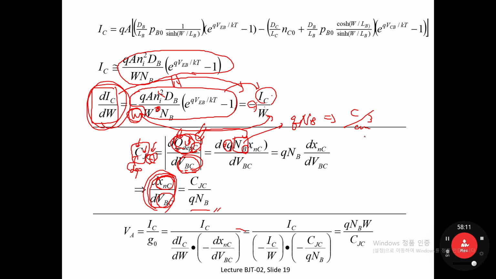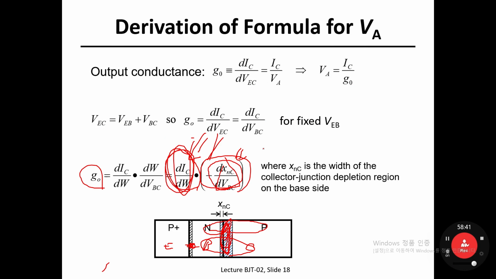Since the PNP BJT has been analyzed along one dimension, the x dimension only, we should multiply by the depletion layer width, since we are looking for how much charge has been stored and attracted in this depletion layer on the collector side. So X_dC is the depletion layer width of the collector junction side.